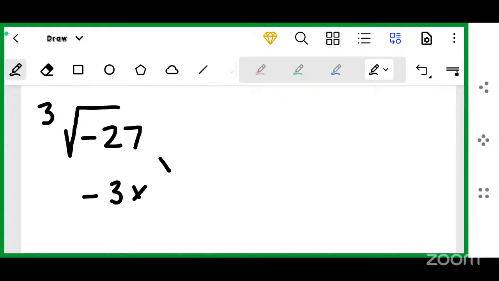Okay, so you got something like to the power of 3, just like this, in brackets. Oh, okay. Sorry about that. Perfect. So let's carry on.